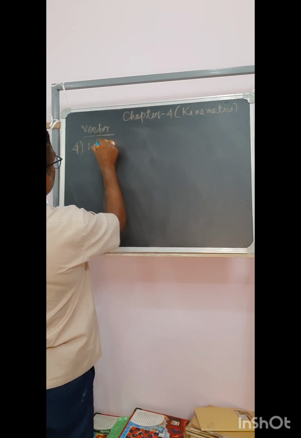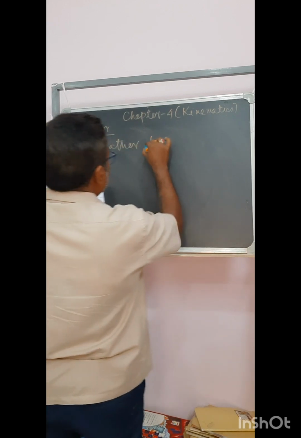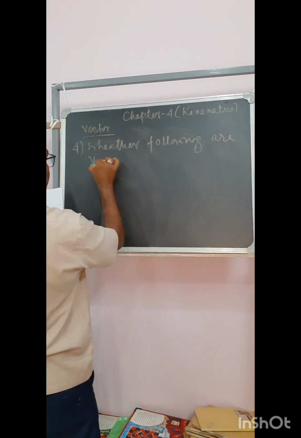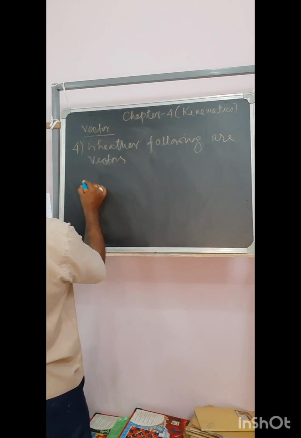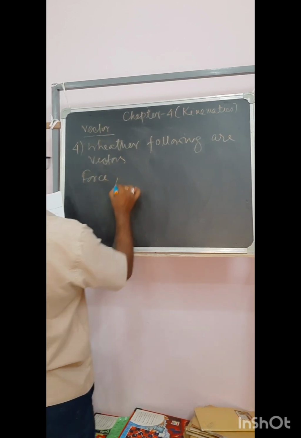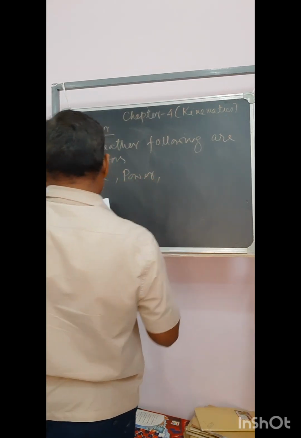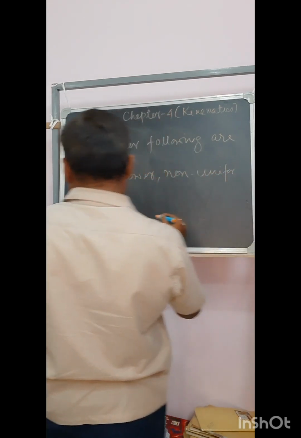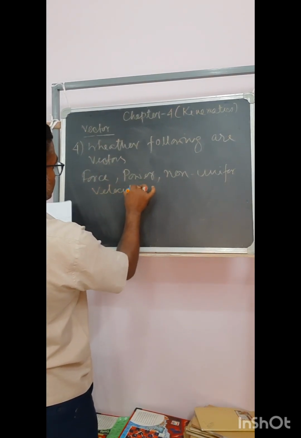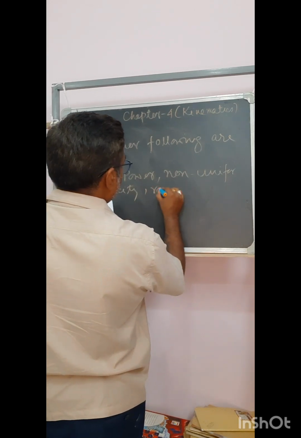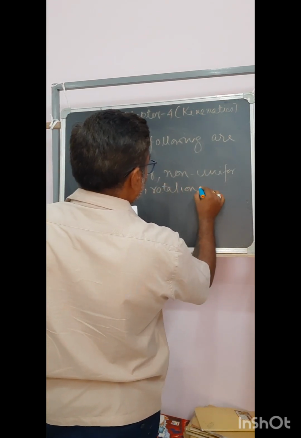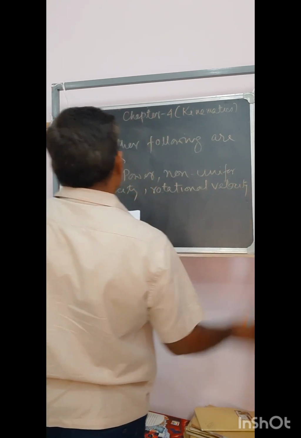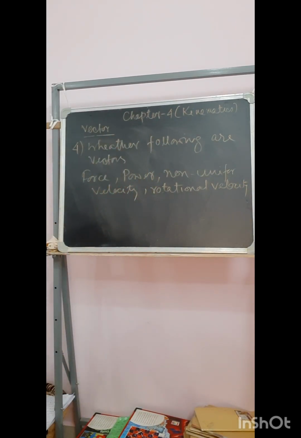There are some examples given as choices: force, power, non-uniform velocity, rotational velocity, or speed, velocity. Okay, so let me come one by one.